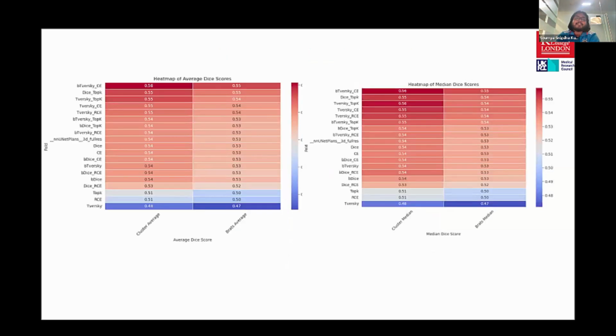The second important finding was that RCE, if you look into the tables, is the new variant of cross entropy which they proposed, and it seems to do almost the worst in both the median and average scores. This is my hypothesis. There's no way to validate it apart from the empirical standpoint, because even if you highlight the features from the segmentation map, it's not really correlated to how you see it from a class activation map for classification.